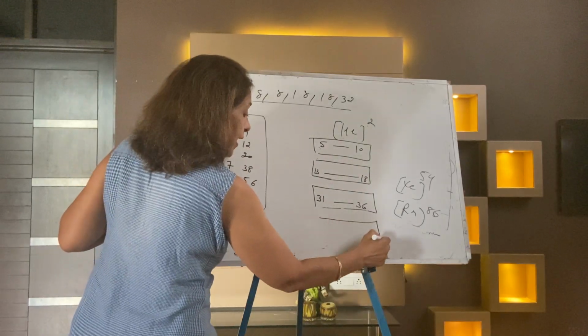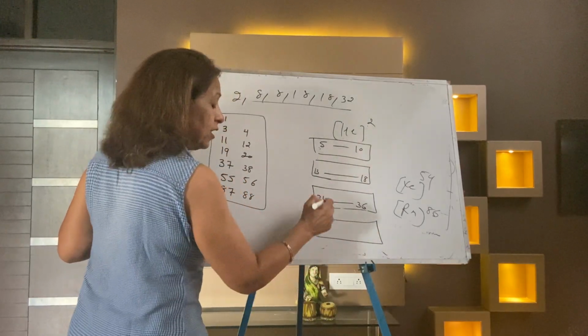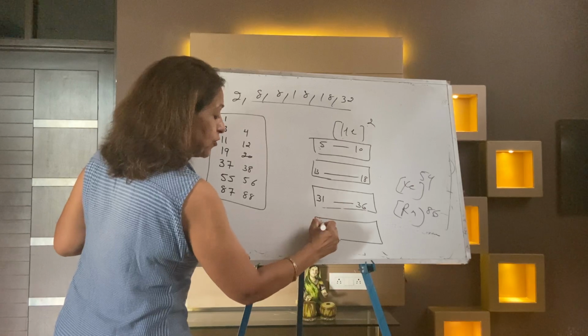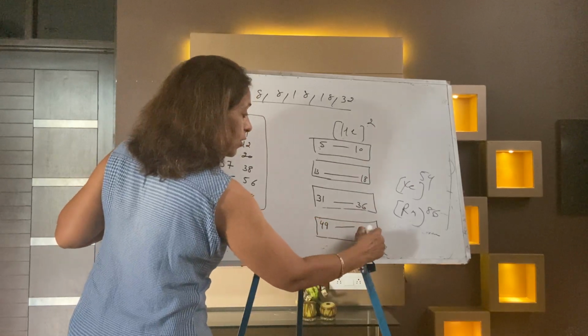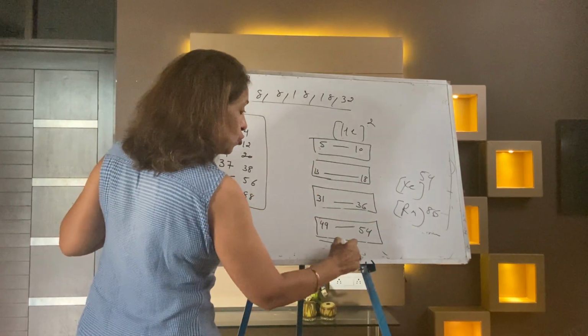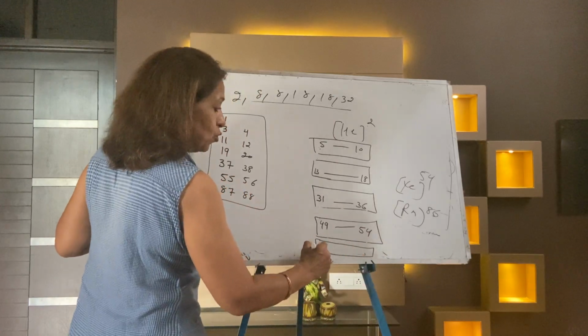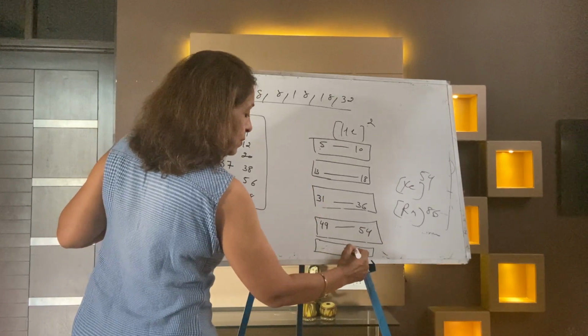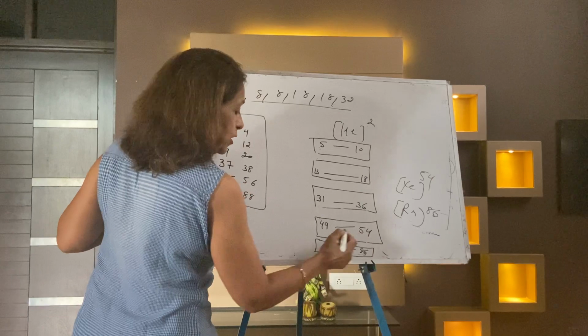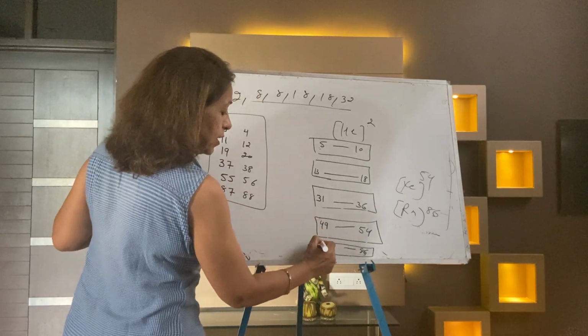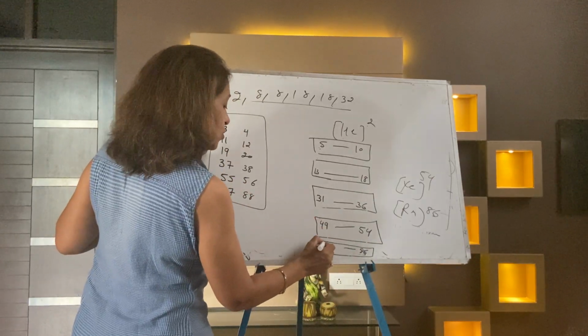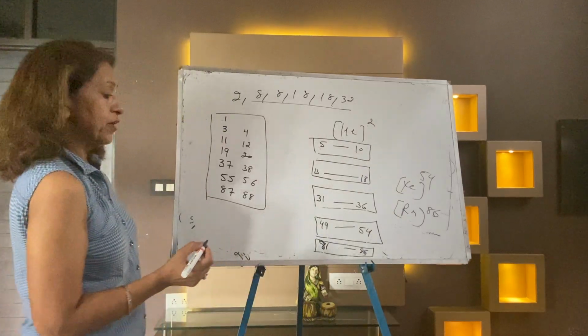After that, again plus 18, it is 49 to 54. After that, again you may add 32, and 32 added, it becomes 86, so it is 81 to 86.